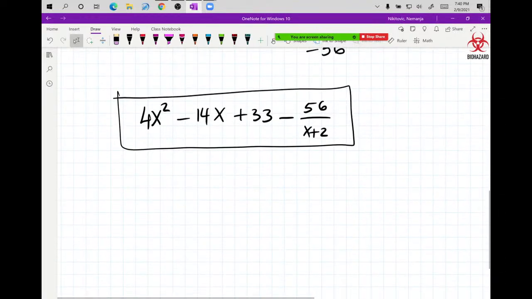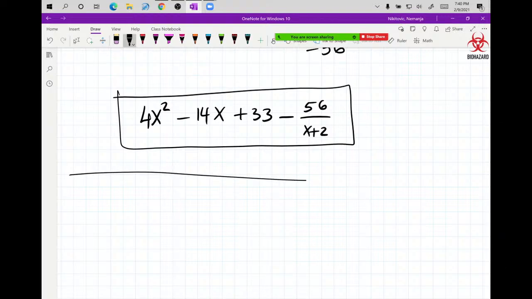Let's take a look at another example for long division before we learn other ways of dividing. So I'm just going to jump into homework here in the book and see some of the examples they're asking us to consider.